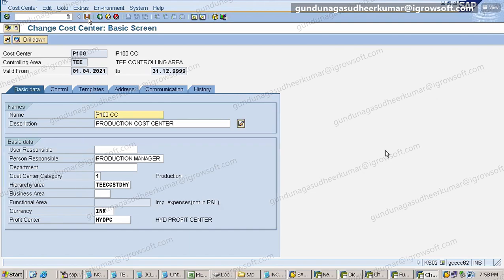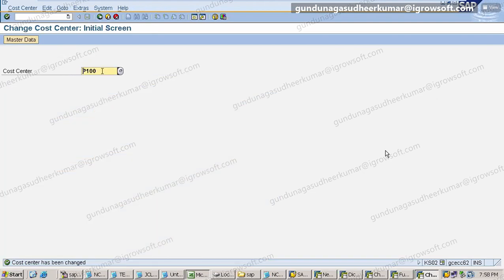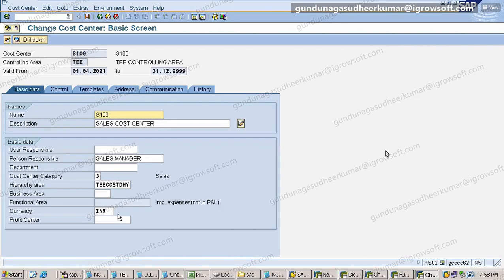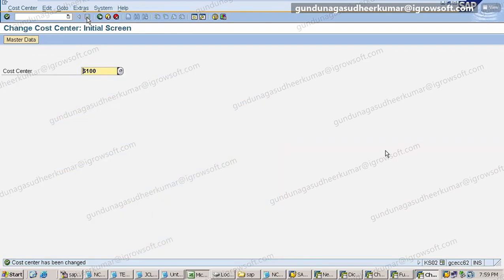Then what is the last one? F100. So now I have linked my cost centers to the profit center. So derivation is also completed. The connection is done. Revenues connection is done. Expenses connection is done. Clear, everybody?